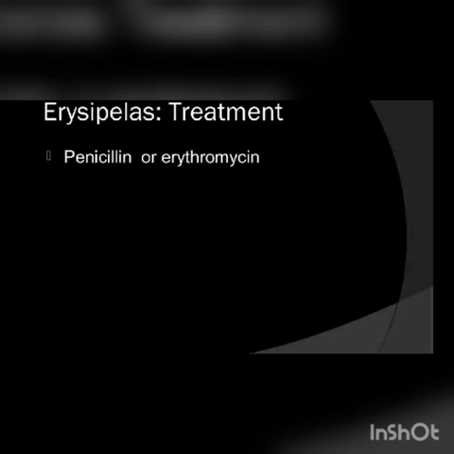Okay, now we are completing the bacterial infections of the skin. We have seen impetigo, folliculitis, furuncle, carbuncle, cellulitis, and erysipelas. Other infections are there, but it's not necessary for our second year. Okay, so we are just completing the bacterial infections of the skin.